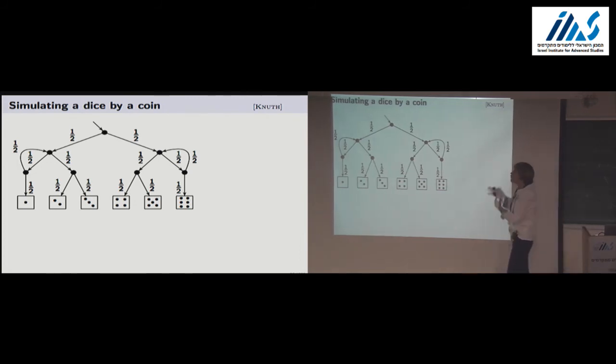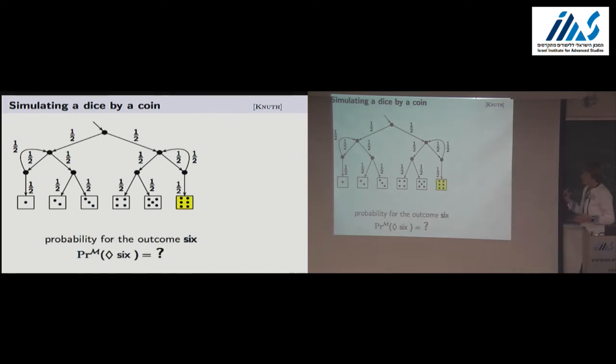And eventually you will end up with one of the outcomes. Now let's verify that this algorithm, or this Markov chain, indeed does the job. So we want to have probability 1/6 for each of these outcomes. Let's just look at this outcome 6 and verify that indeed the probability is 1/6.